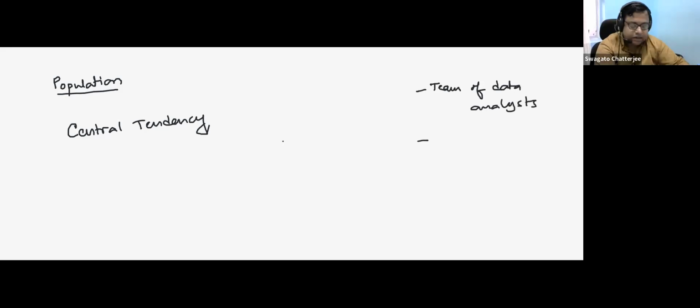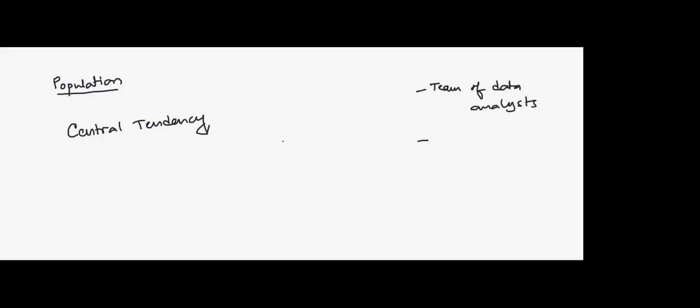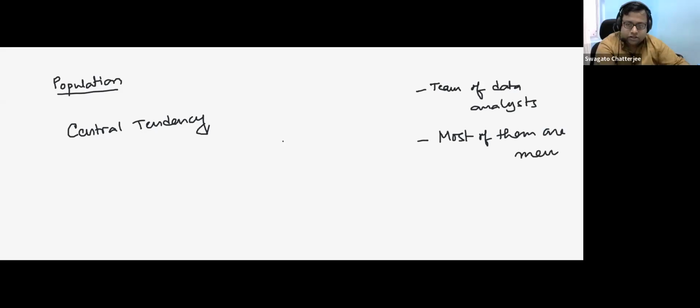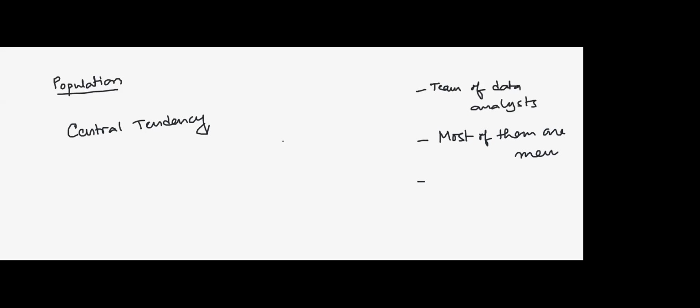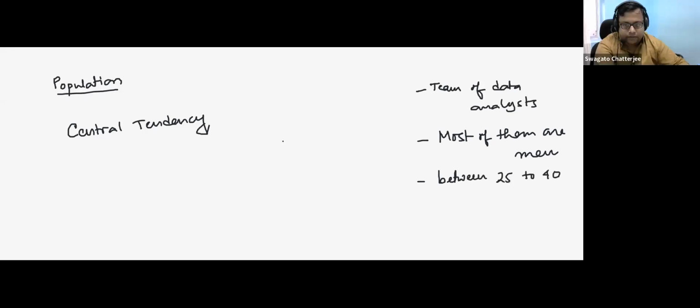What about the gender? Okay, most of them are gents. What is the age group? Age group is between 25 to 40. What is the native domicile? South India, North India types?